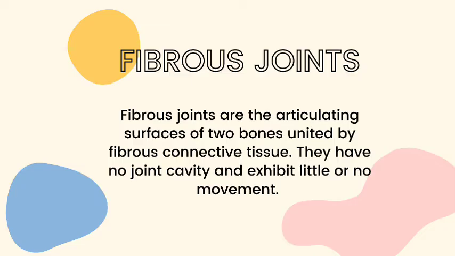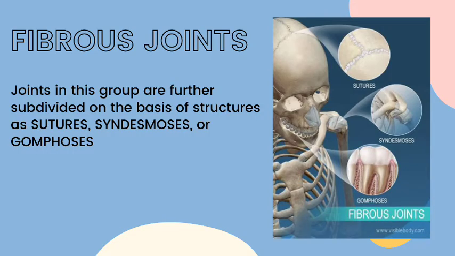Fibrous joints are the articulating surfaces of two bones united by fibrous connective tissue. They have no joint cavity and exhibit little or no movement. Joints in this group are further subdivided on the basis of structure as sutures, syndesmoses, or gomphoses.